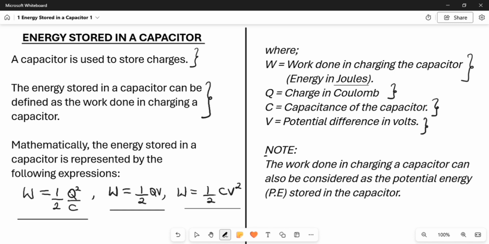You also need to take note of this point, that the work done in charging a capacitor can also be expressed or considered as the potential energy stored in the capacitor. So let's move on.